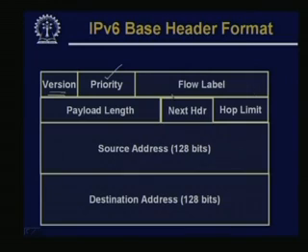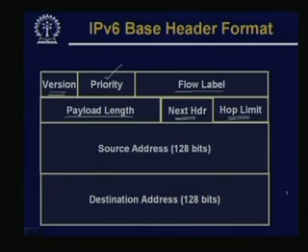If a packet is assigned a higher priority, then the routers will give priority to your packet for transmission. Then you can have something called flow label. This is used for flow control. Payload length, this is the total size of the packet. Next header I shall be talking about.